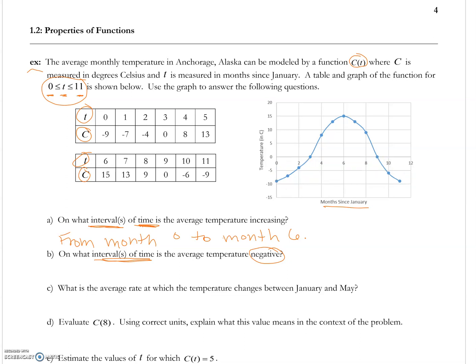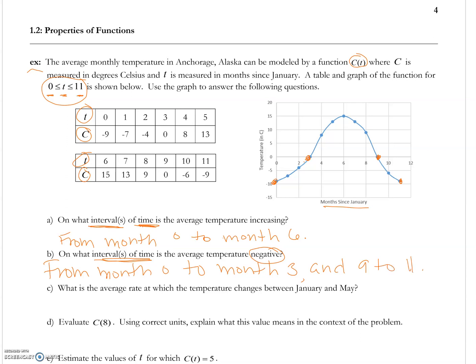My first time that the temperature is negative starts here and ends here. So it goes from month 0 to month 3. And it's also negative from here to here, so 9 to 11.